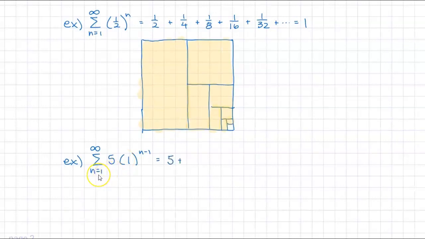When n is 2, we have 1 to the 1st power, which is still 1, times 5. We're still going to get 5. If n is 3, we have 1 squared, which is still 1, times 5, which is 5. We're just going to have a whole bunch of 5s. These terms are not approaching 0. If they are not approaching 0, you will tend towards infinity.